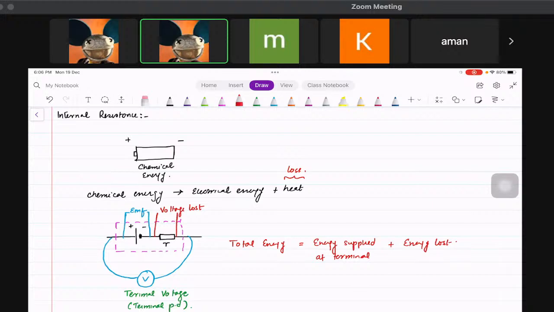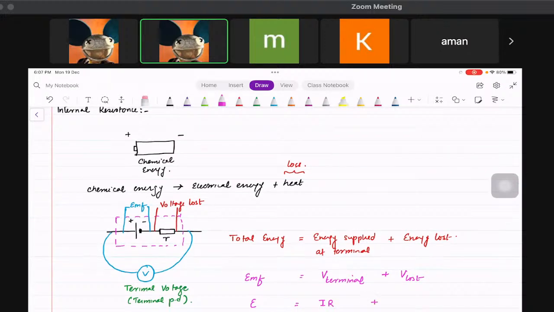Now the total energy is basically the EMF. The energy supplied at the terminals is the terminal potential difference, plus the energy loss, which is the voltage lost due to the internal resistance in the circuit. So EMF is written as E, terminal potential is the current that goes out, so current times the resistance that's out, and here we have I times R.